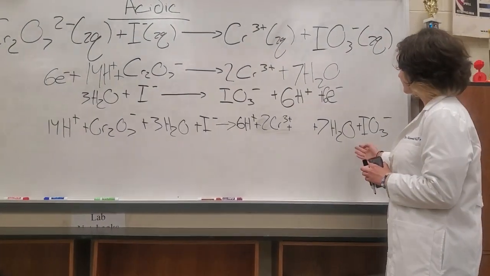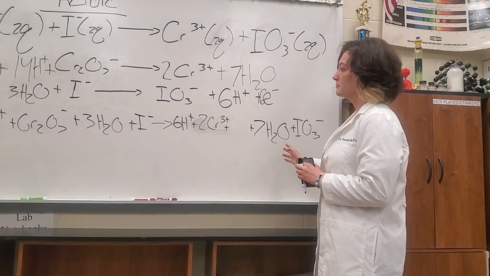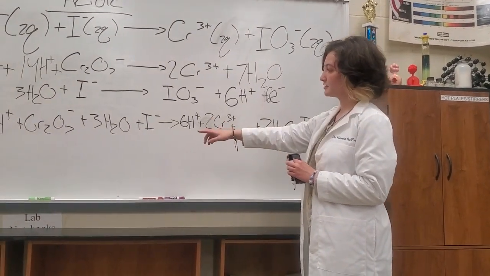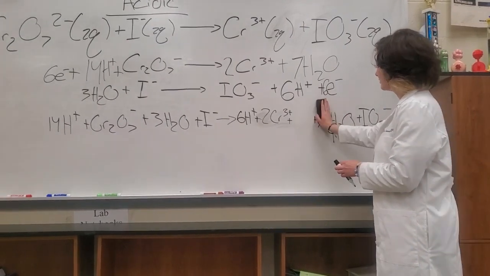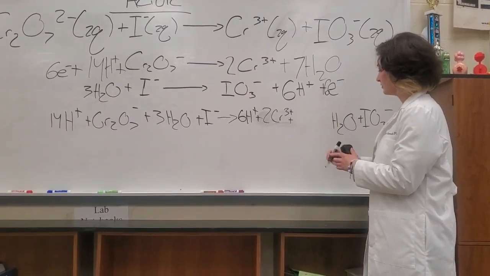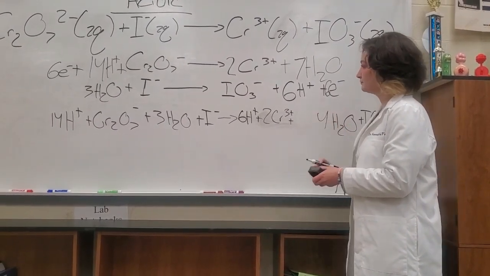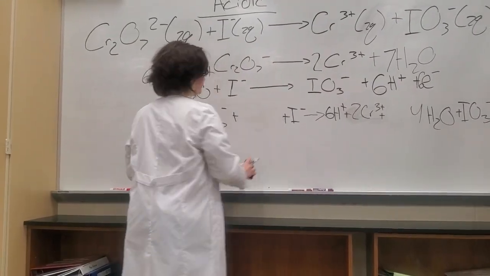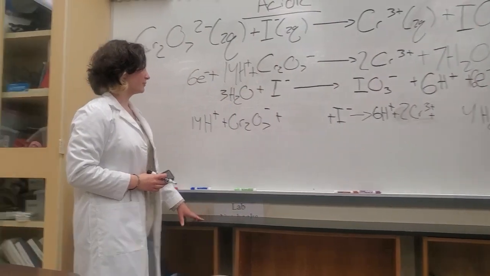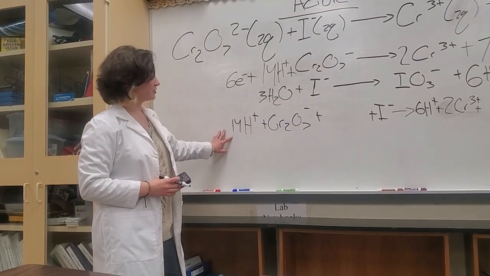Now we have to balance out the waters. Because there's 3 waters on this side and 3 waters on this side, we'll change this to 4, and this will be taken away. Now, we balance out the hydrogens.